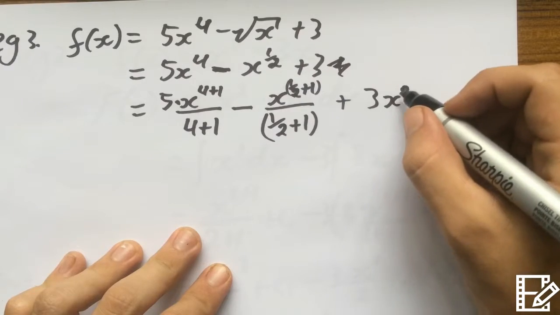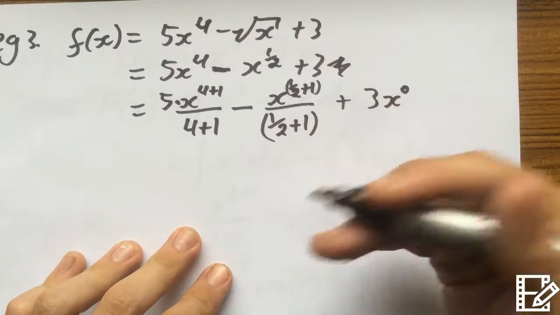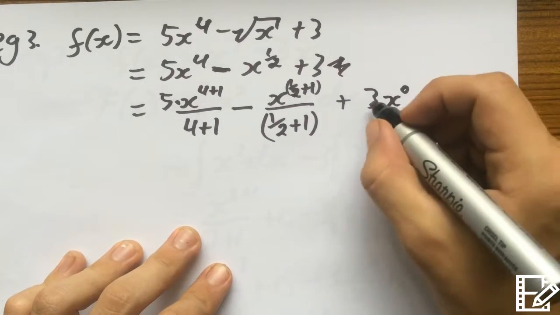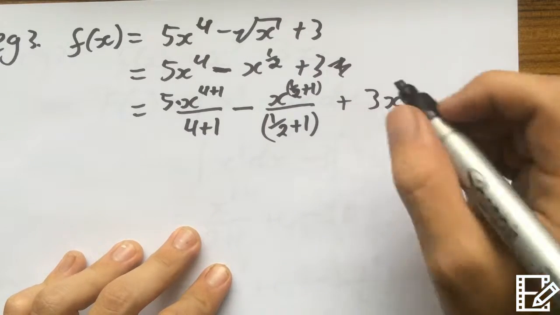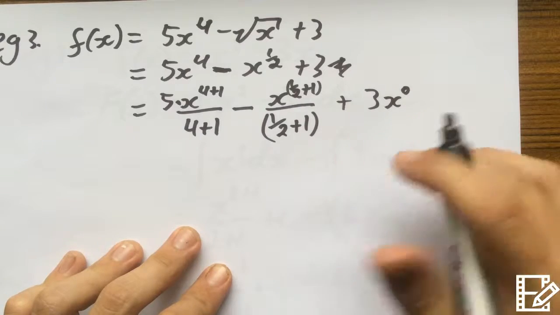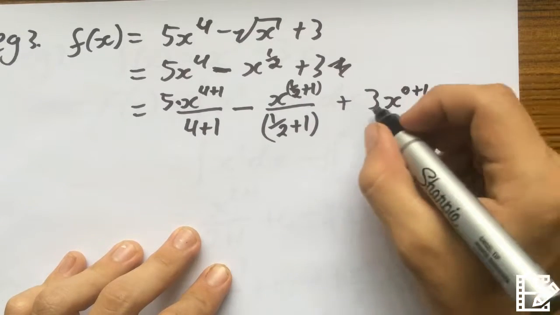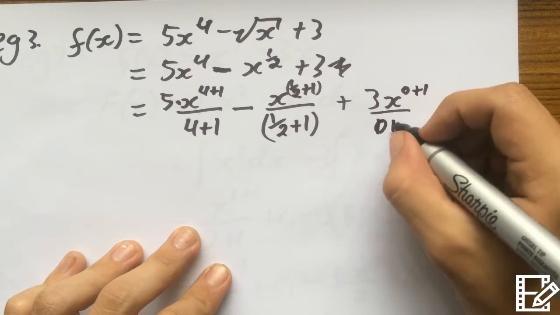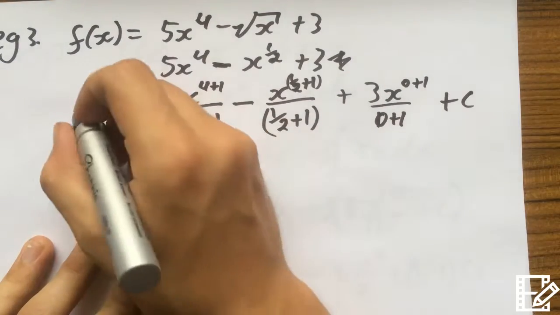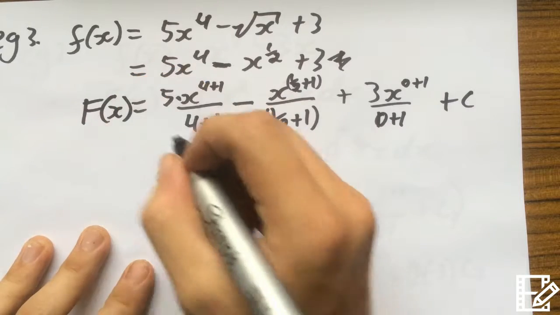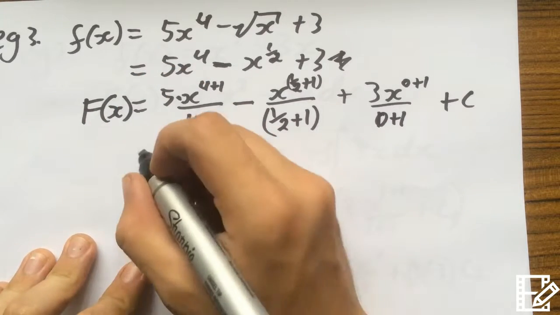So x to the power of 0 is 1, so we're going to include that. This is still 3, by the way. 3 multiplied by x to the power of 0 is still 3. But for this purpose and the rule, which states that you add 1 to the power and divide by the new power, which is 0 plus 1, plus c. Remember to put the capital F out the front. I should have done that before.